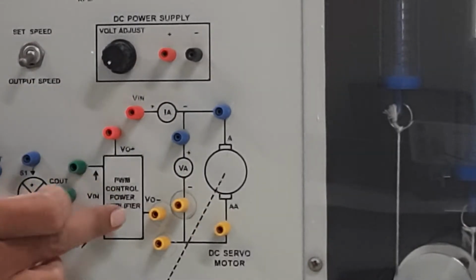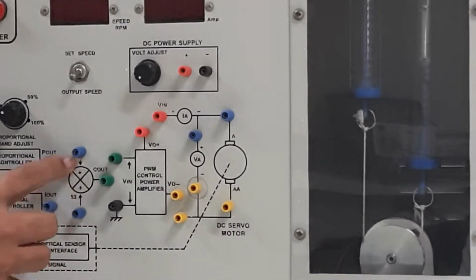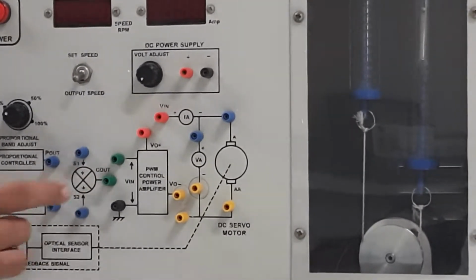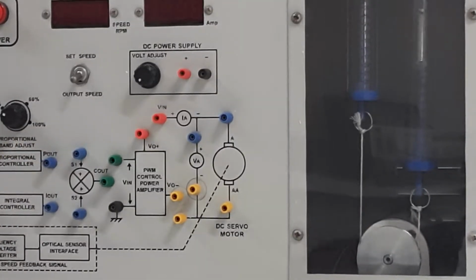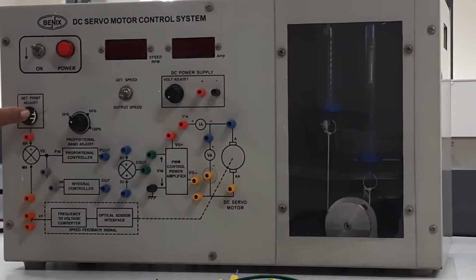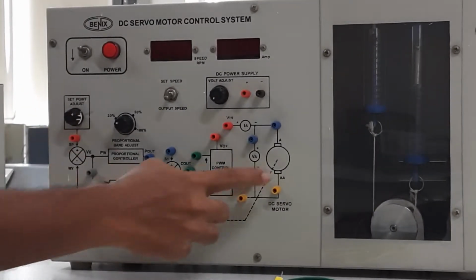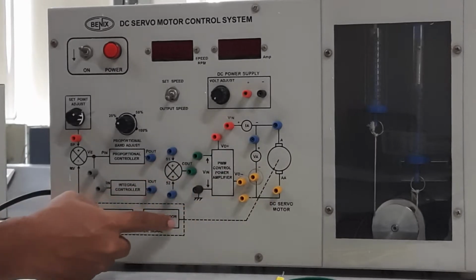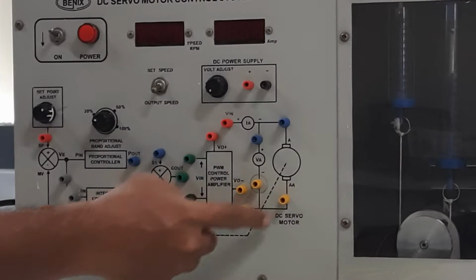The input of this PWM converter will be from this particular summation. This summation will have the PI controller input, and this PI controller input has another summation where there is an input from your pot, and at the same time the dotted line corresponds to the closed loop feedback.